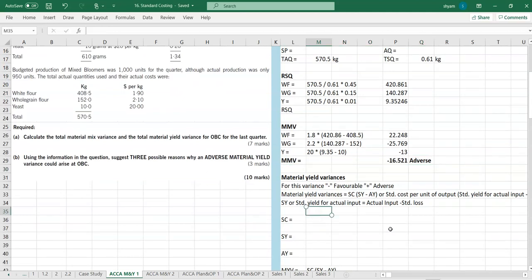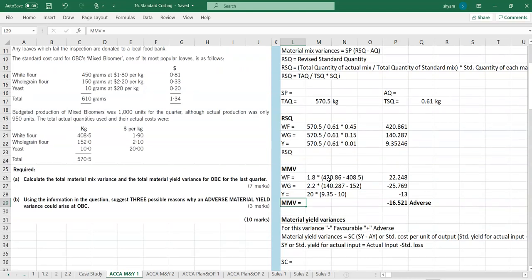Okay, so the next one is yield variance. So what is yield variance? I think first we'll discuss the metal mix variance. See, metal mix variance tells you that, look here, this RSQ is a revised standard quantity. There is a total input of 570 kg, but that 570 kg is split as per the standard proportion.